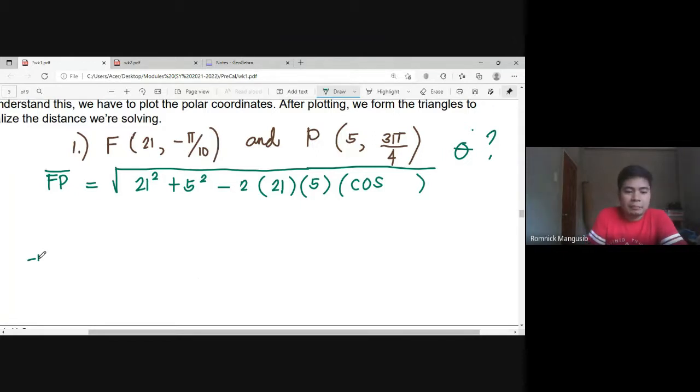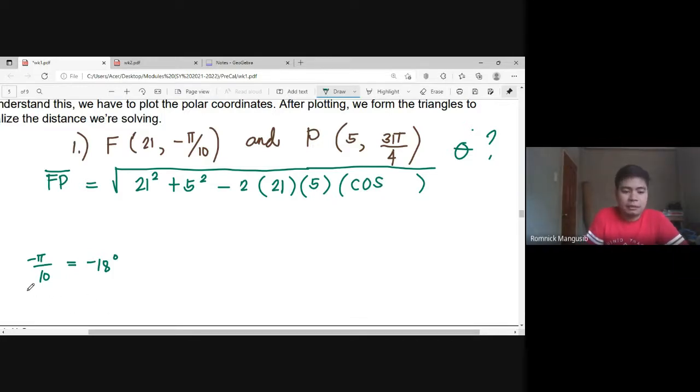Ano bang negative pi over 10 para makilala muna natin? Negative pi over 10 is a clockwise rotation and that in radian, ang kanyang katumbas ay 180 divided by 10. That is 18 degrees. This is negative 18 degrees to correspond with negative sign. Pero yan ay 18 degrees pagdating sa mismong angle.